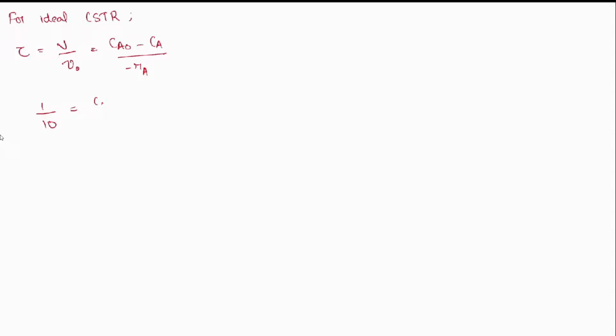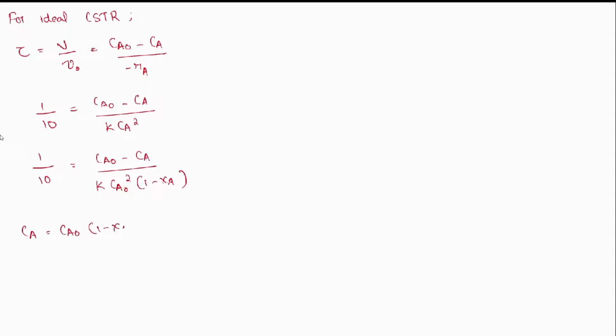So 1 by 10 is equal to Ca0 minus Ca divided by K Ca squared, the reaction rate equation. We can write K Ca squared as K Ca0 squared into 1 minus Xa, because Ca is equal to Ca0 into 1 minus Xa.